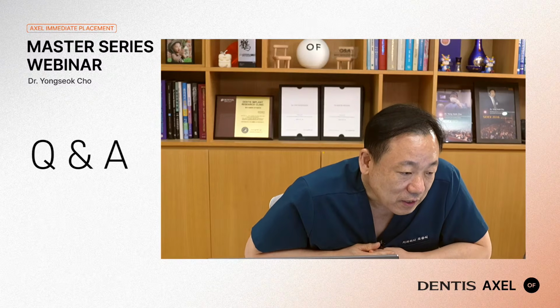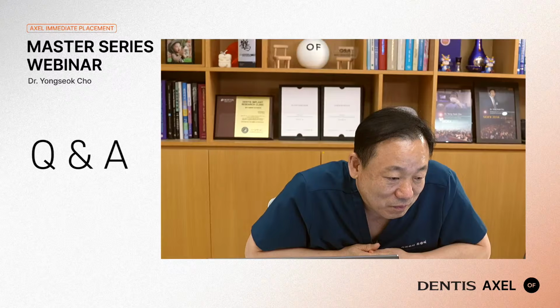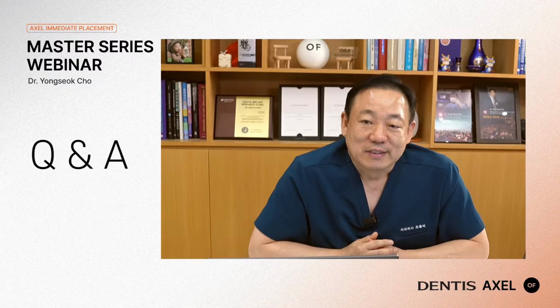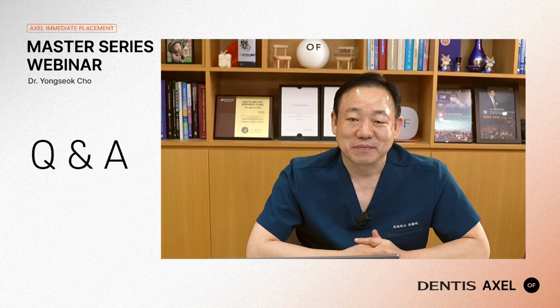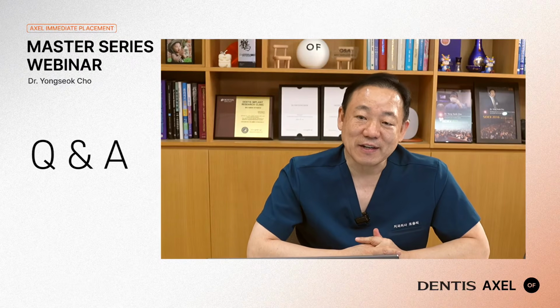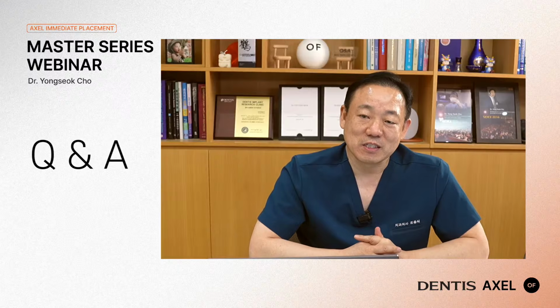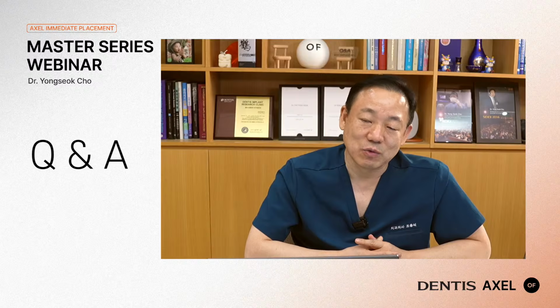Is there any way to boost the healing time of soft tissue? Maybe using vitamins or some measure? Well, when the patient is in healthy condition, the healing speed is not bad. About 2 months later, it will heal.